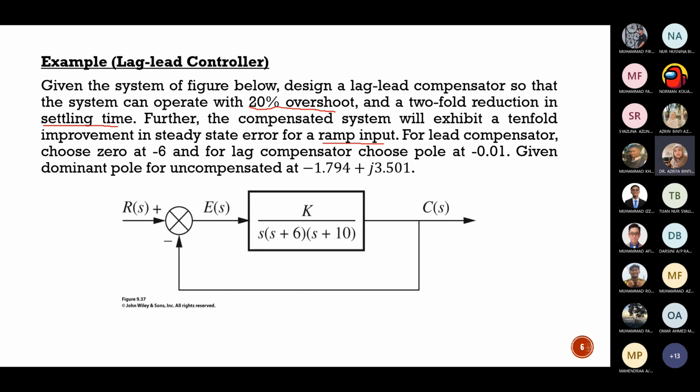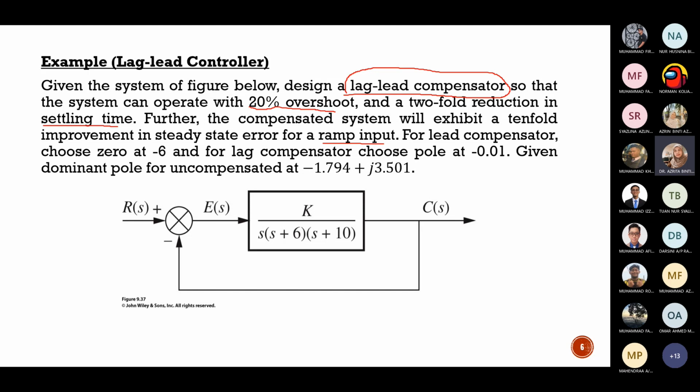For the lead compensator, choose the zero at -6, and for the lag compensator, choose the pole at -0.01. Given the dominant poles for the uncompensated system at -1.794 plus j3.505, we need to design the lag-lead compensator.